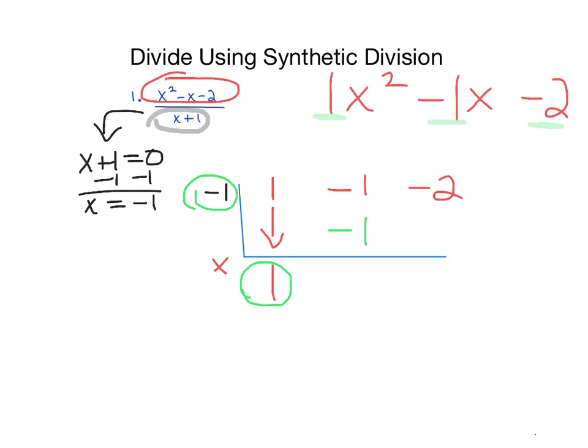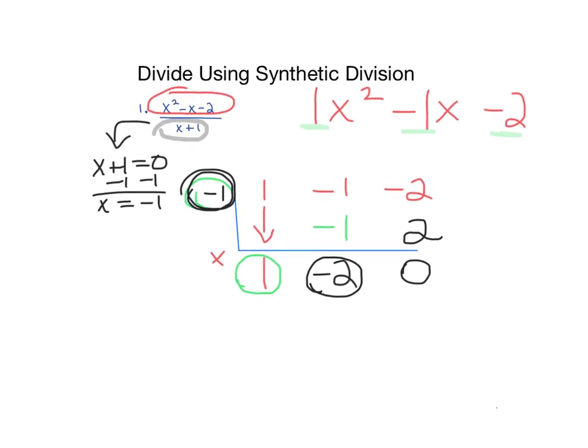So now I'm going to multiply straight down. So negative 1 plus negative 1, and I get negative 2. I now go back, and I'm going to multiply negative 1 times negative 2, and I write the answer in the L shape. I now add the red negative 2 with the black positive 2, and I get 0.